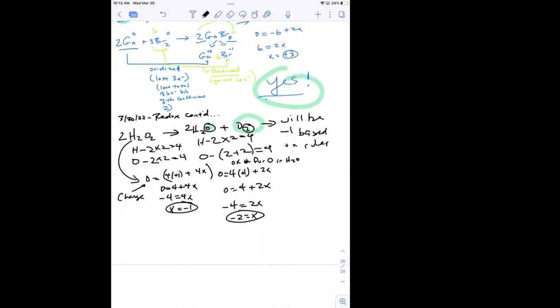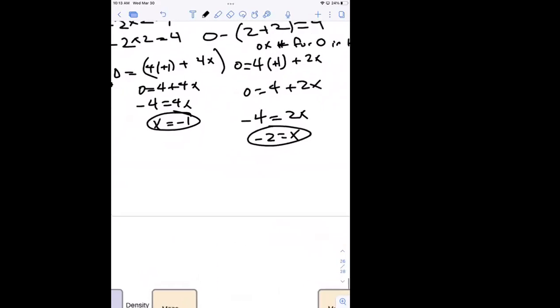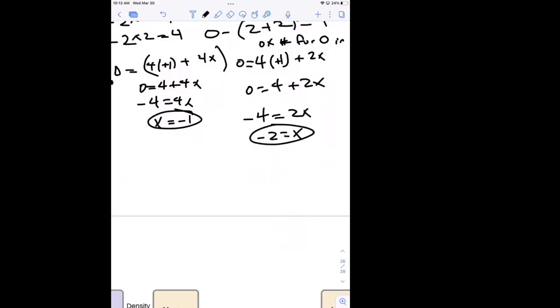So you're saying it went from -1 to -2? -2, yes. Oh, okay. So then it would be reduction. It's a reduction. So oxygen, in this case, got reduced. So this is a redox. It's a type of redox reaction. So we'll say yes, it is a redox.